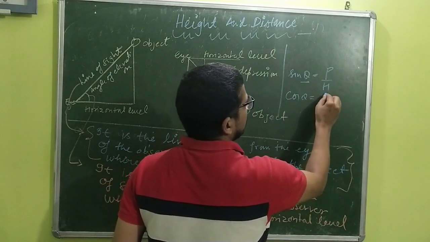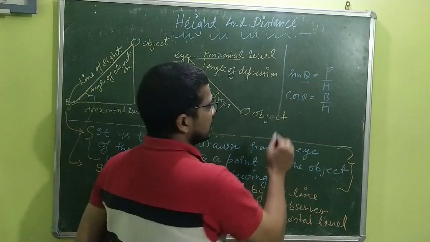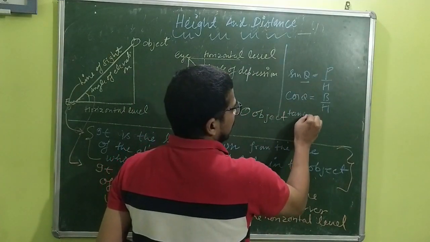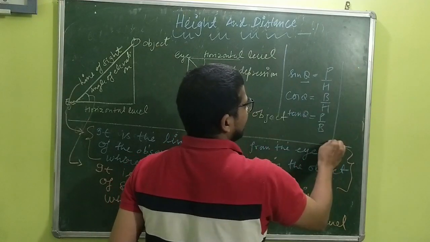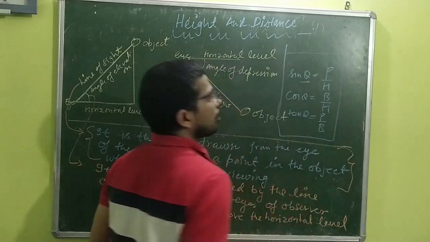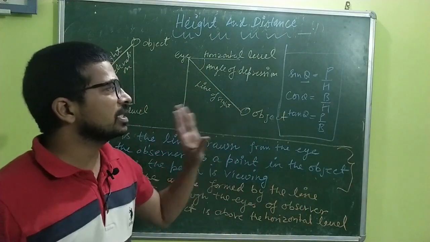Cos theta is equal to base upon hypotenuse. Just generally I am taking like this. And tan theta is equal to perpendicular upon base. Generally these three will make your way in most of the NCERT questions.